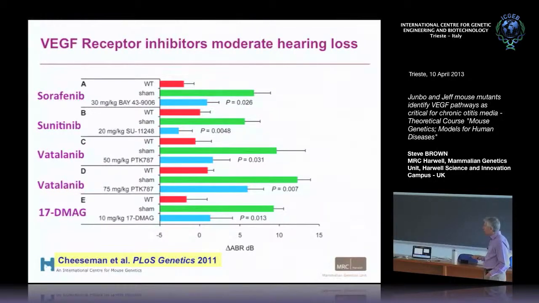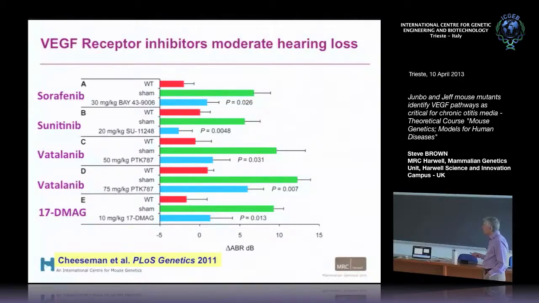I'll just take you through this slide relatively carefully. For each of the drugs, we've obviously treated wild types as control. We also did a sham treatment of the mutants. And of course, we also treated each of the mutants with the drugs.